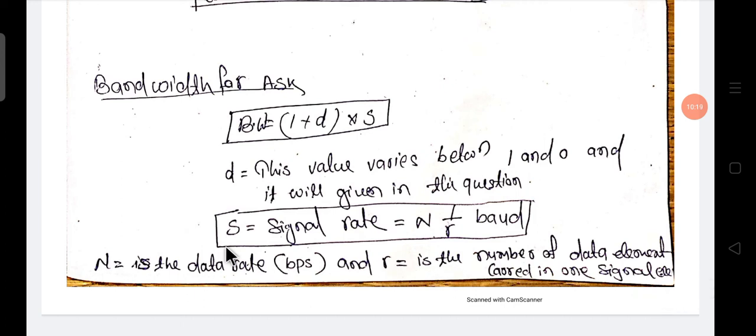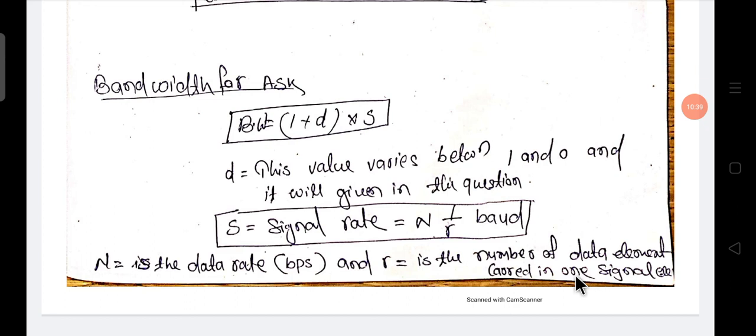Here S = n × 1/r, where n is the data rate, which is measured in bits per second, bps, and r is the number of data elements carried in one signal.